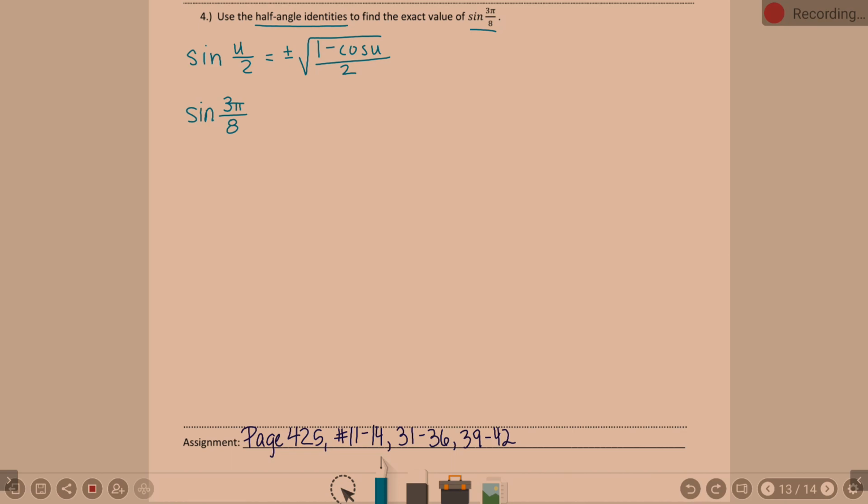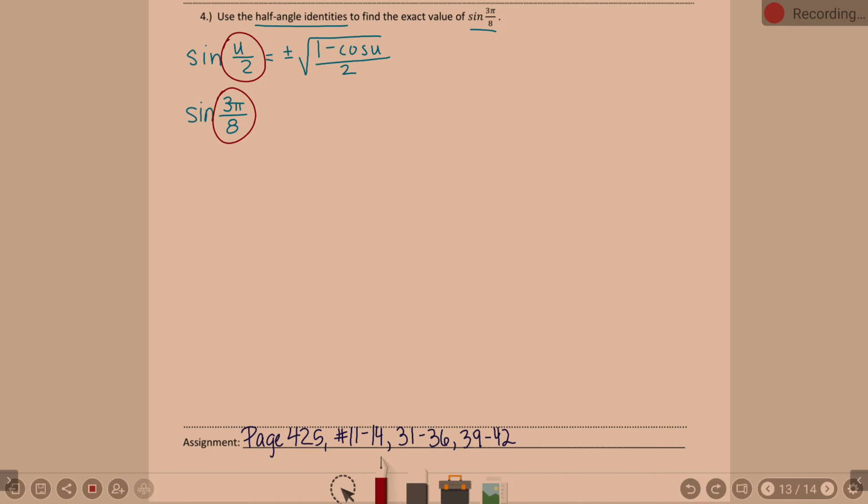This whole fraction 3 pi over 8 is not u, because we're using sine of u over 2. Here, u over 2 and 3 pi over 8 are in the same place. So we have to figure out what u value, when you divide it by 2, will give us 3 pi over 8.